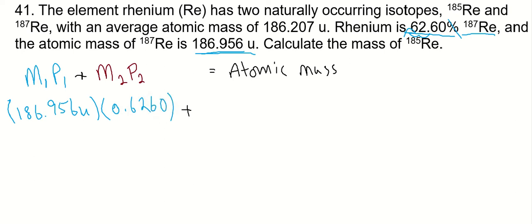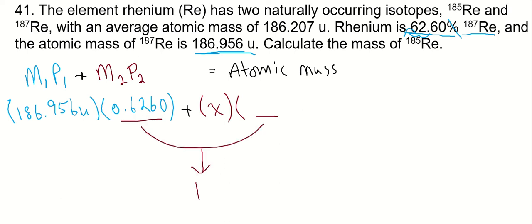All right, and the mass of the second isotope is what we're looking for. Let's just call that X, or you can call it M2. And then the percent, since there's only two isotopes, the two have to add up to 100%, or 1. So that plus whatever we got there is going to add up to 1, because 100% in decimal form is 1.